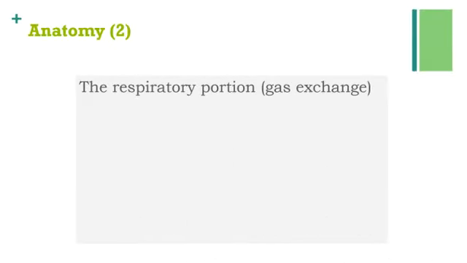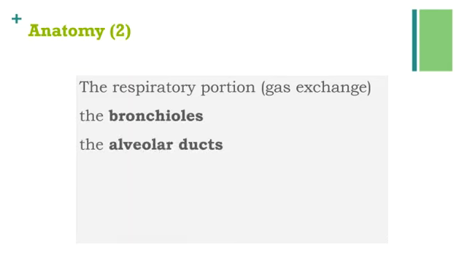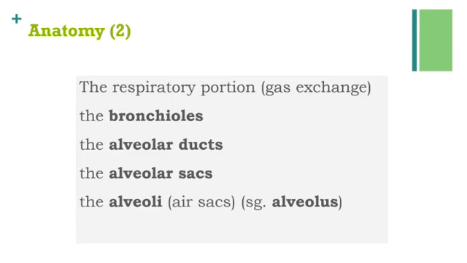The respiratory portion, where the exchange of gases occurs, consists of the bronchioles, alveolar ducts, alveolar sacs, and the alveoli. Now let's look more closely at each part.